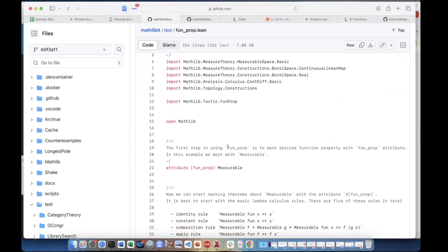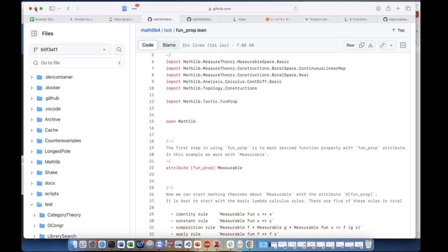But the main idea is that the desired function property is marked with the funprop attribute. So this is an example with measurable, and that's going to be connected to measure theory, which isn't exactly what we're looking for, but it also has tags for continuity, for differentiability, other things like that.